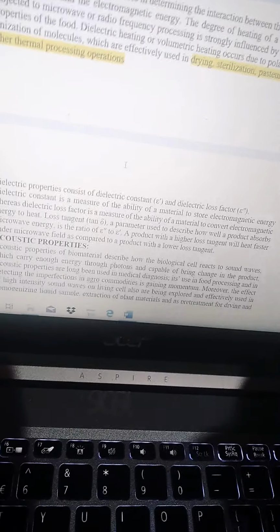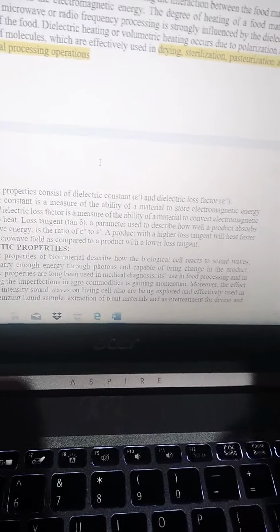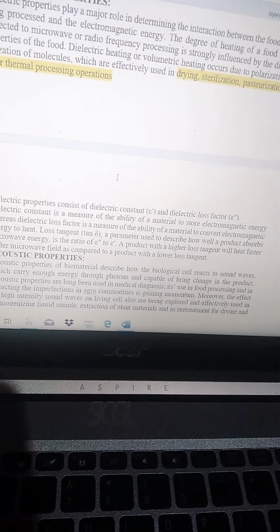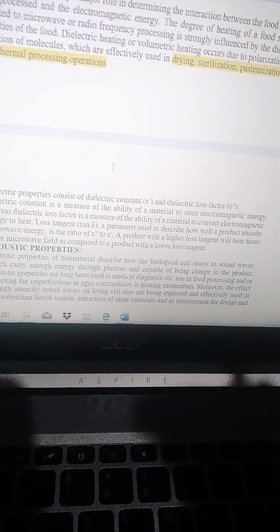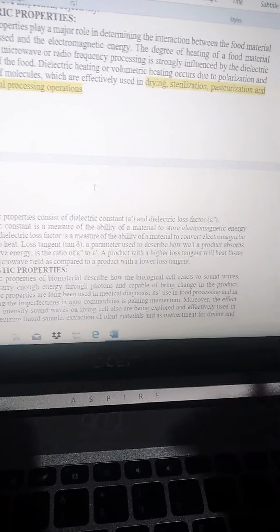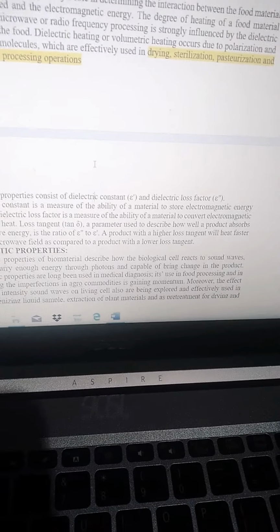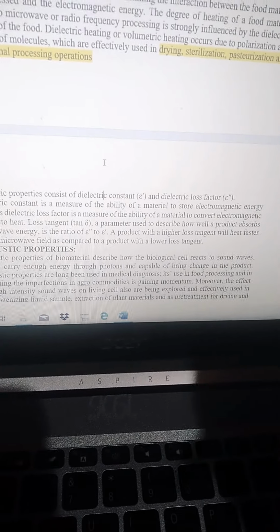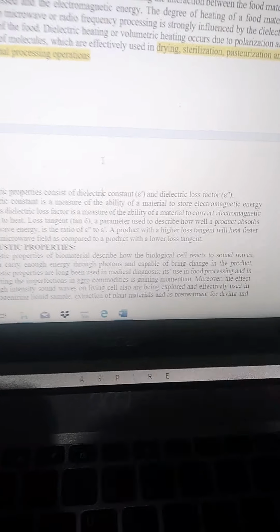When food can generate heat internally, then for drying, sterilization, and pasteurization, we need heat. If we generate the heat internally, there is no need to apply heat externally, so there is less energy loss, meaning conduction, convection, and other losses which occur in traditional heating.